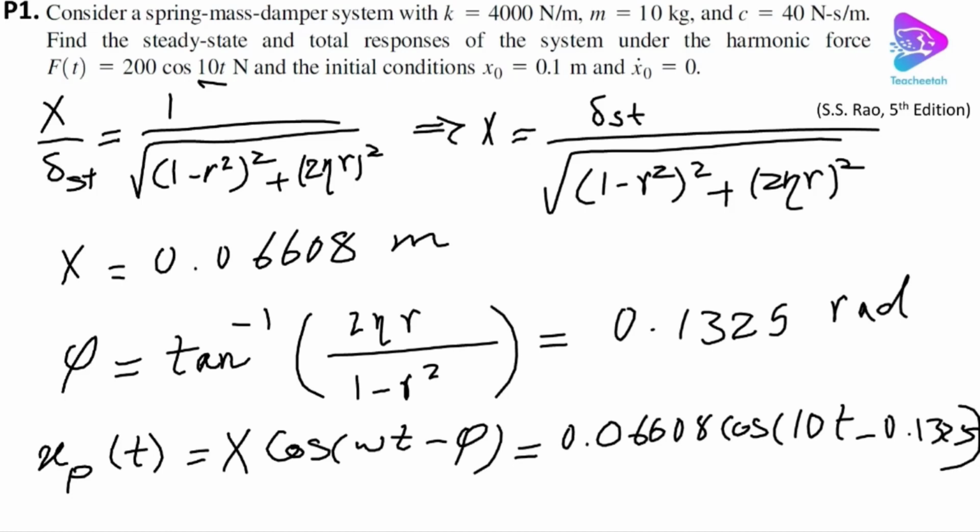So we found the steady state response, but we still need to find the total response of the system. And as you remember, the total response is the summation of the homogeneous response and the steady state response. So x(t) is equal to X naught, here I'm using X naught and phi naught. You can also use the formula based on the cos and sine combination, right? I hope you can remember that from before.